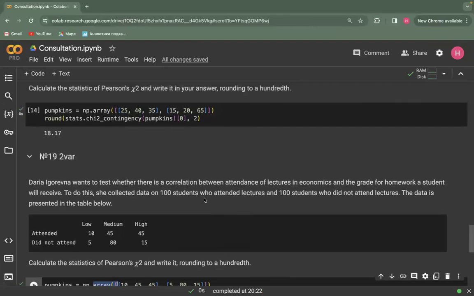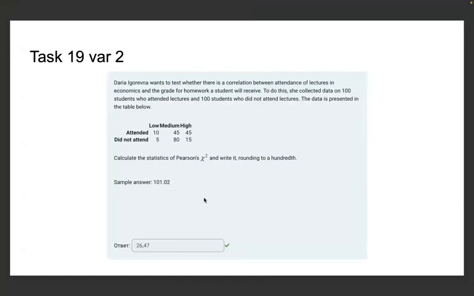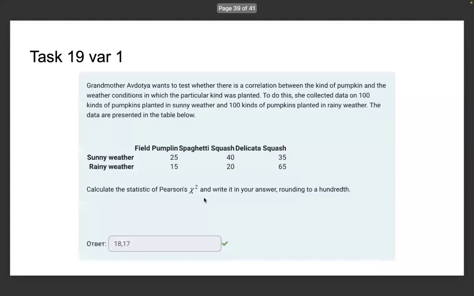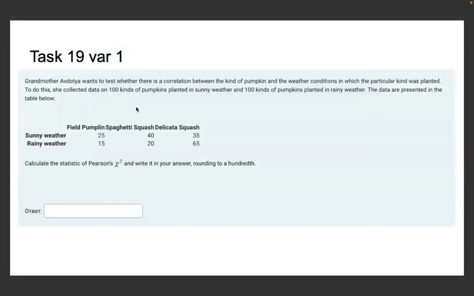So be careful when somebody wants to know something about correlation, because, for example, in the 18th exercise, when we tried to find the correlation, we have to use Pearson's sample correlation, but in the 19th exercise we have to use chi-square.